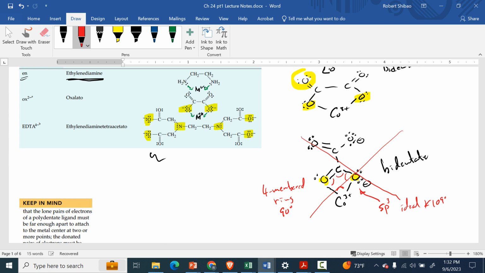And what that results in is something called ring strain. The bonds are strained. That is, we aren't getting good orbital overlap in these. So we have this ring strain. And what ring strain results in is instability.